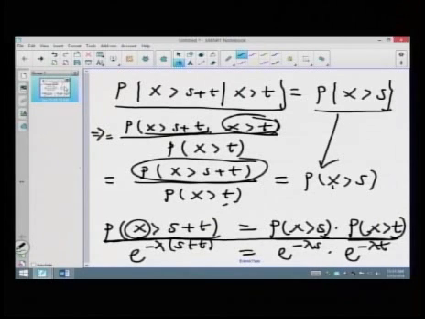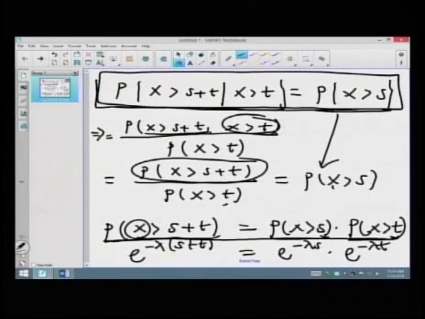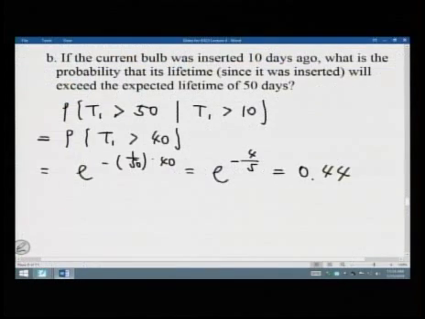So if the random variable follows an exponential distribution, then it has the memoryless property. By definition, if this is satisfied, the random variable has the memoryless property. I just want to refresh your memory. This is what we already discussed in our first class. Okay, now let's move on to the next question.